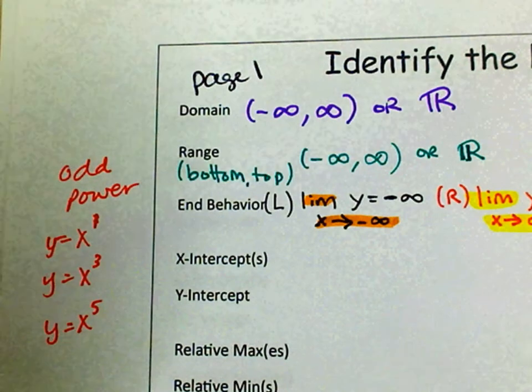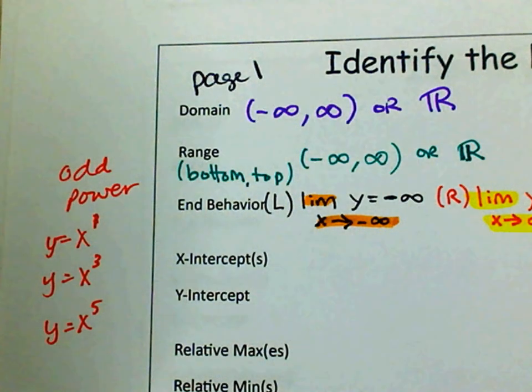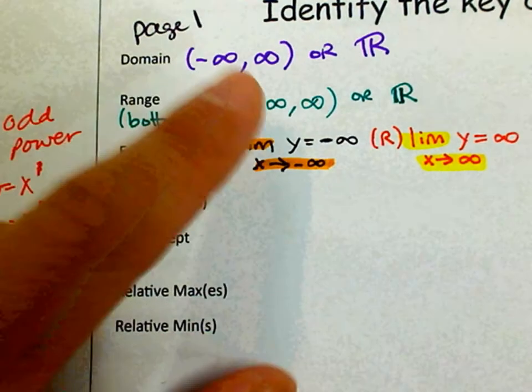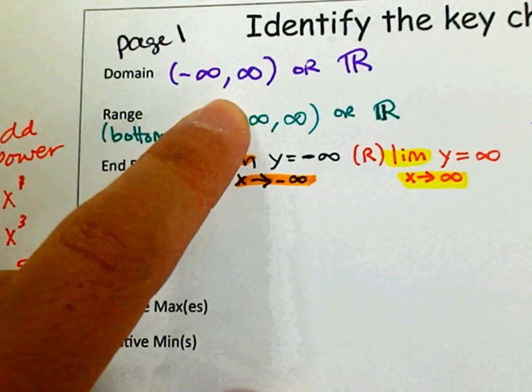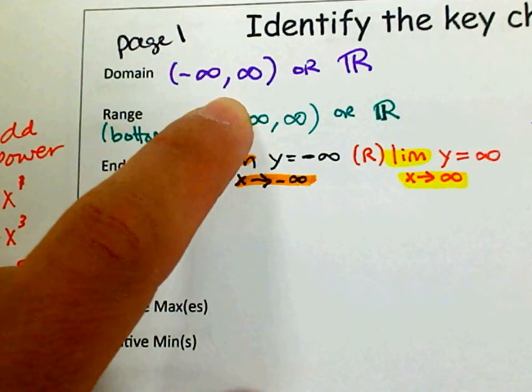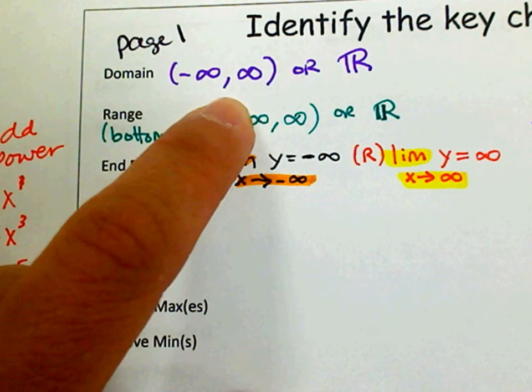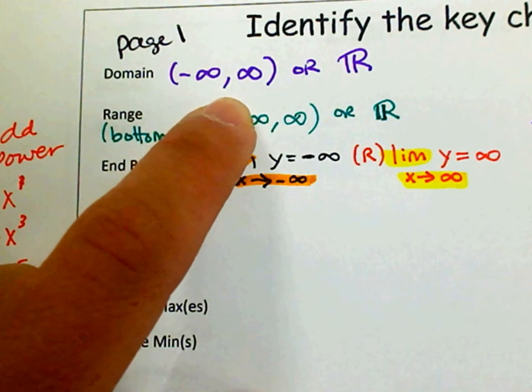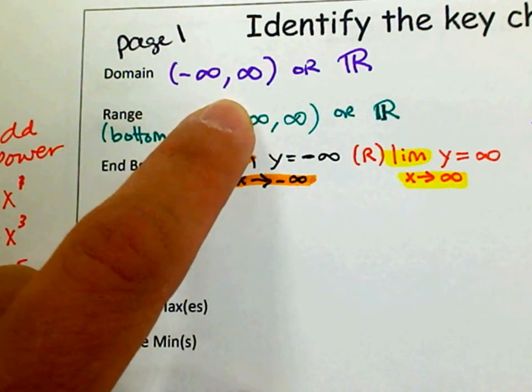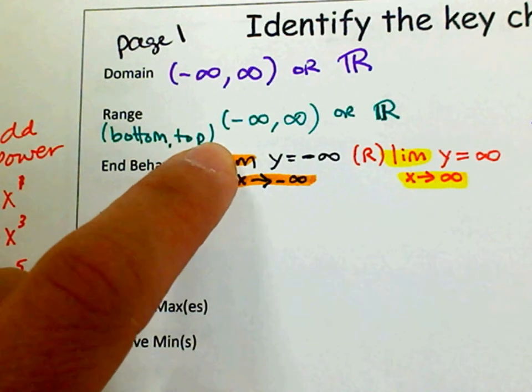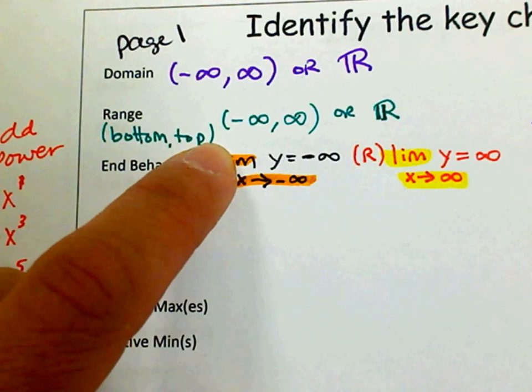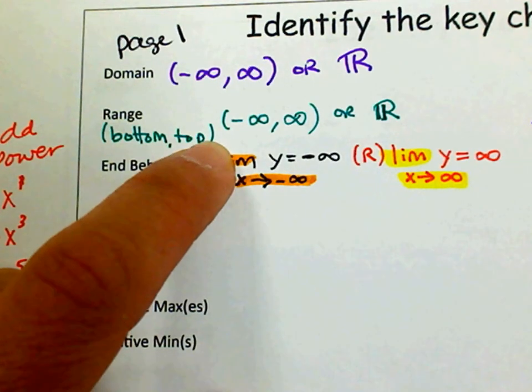Fifth power. X to the seventh power. You see what I'm getting at? This is the answer every single time. Your domain will always be the same. It's always going to be all real numbers. Okay? You might want to make yourself a little note just to help you. Your range is always going to be all real numbers as well. Okay?